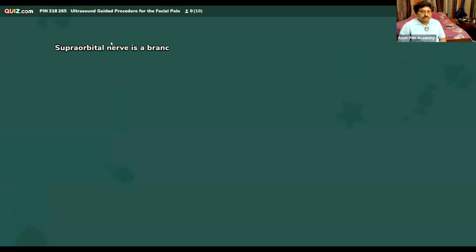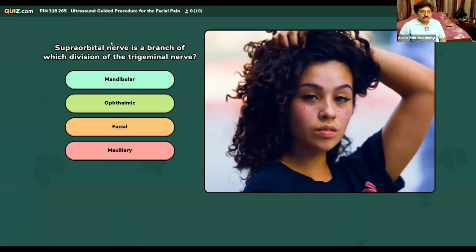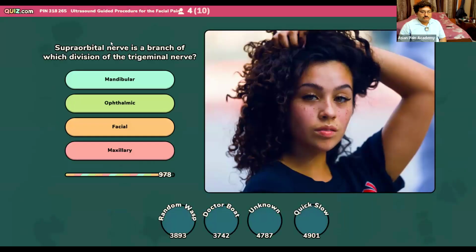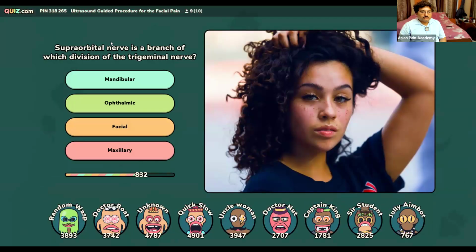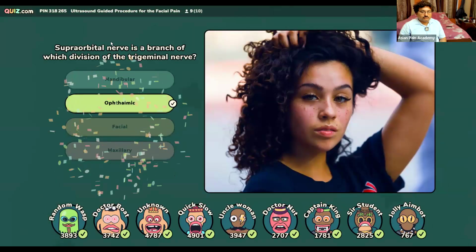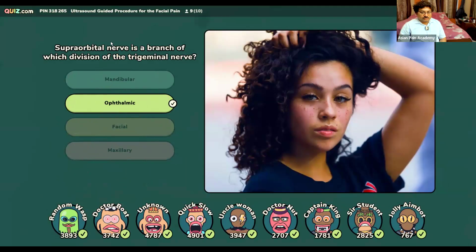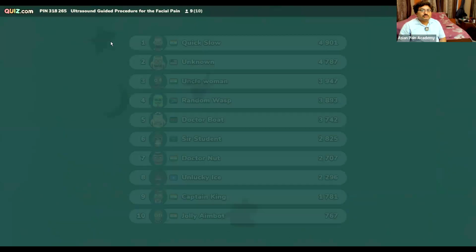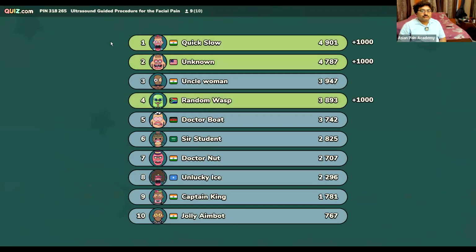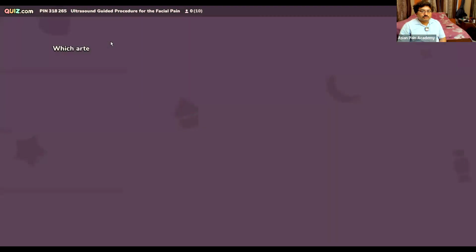Supraorbital nerve is a branch of which division of the trigeminal nerve? Ophthalmic. Which artery is visualized in ultrasound-guided maxillary nerve block?